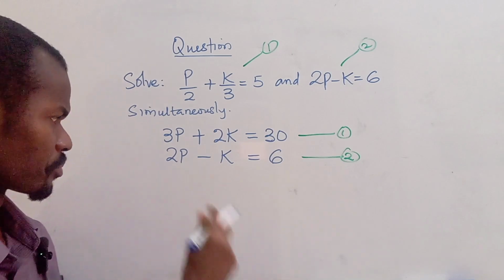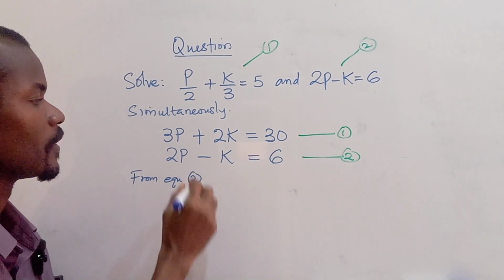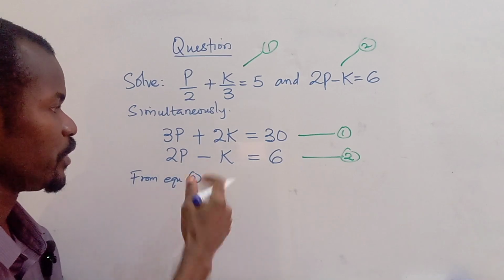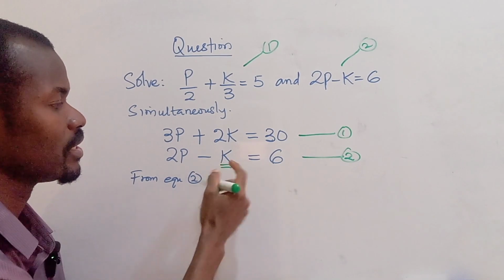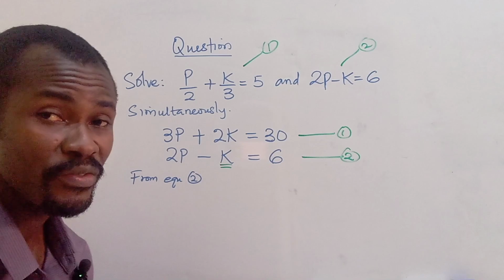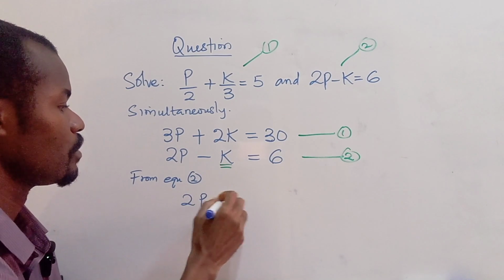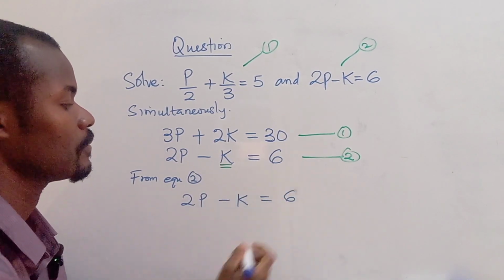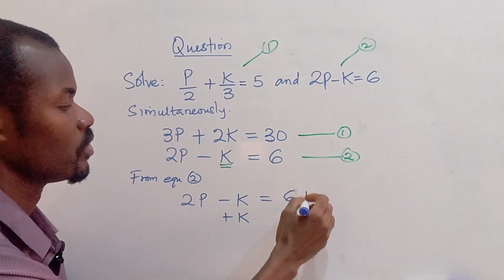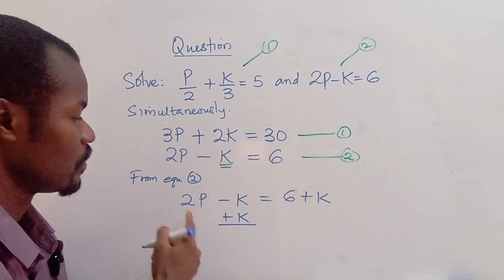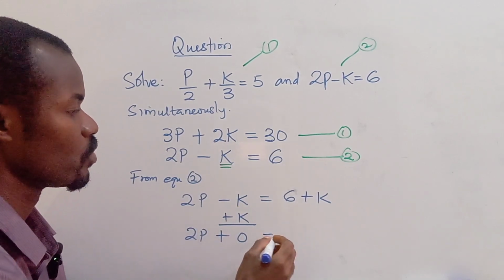Now from equation 2, let's make P or K the subject, but I'll prefer to make K the subject, because K has a coefficient of 1.